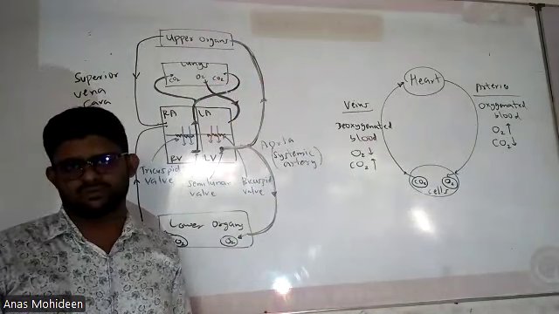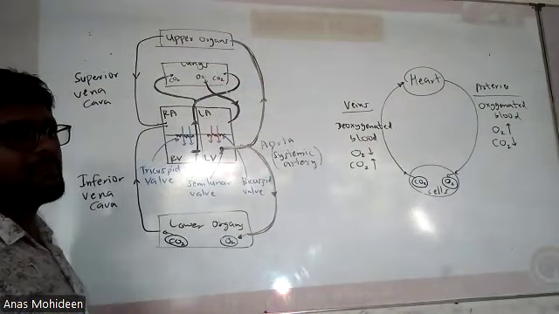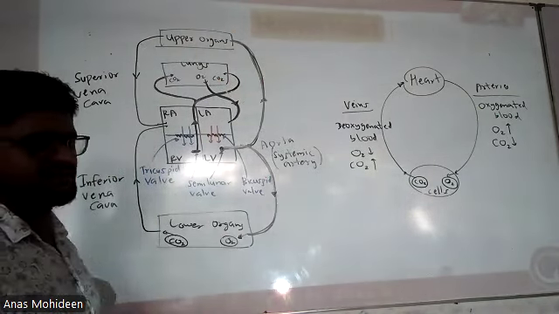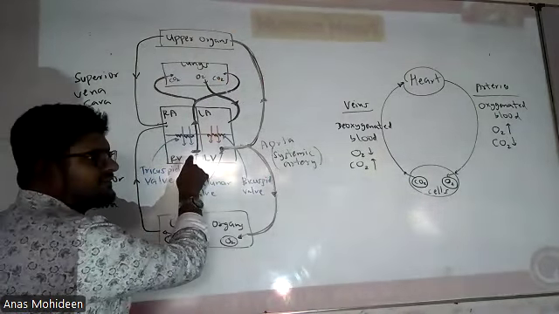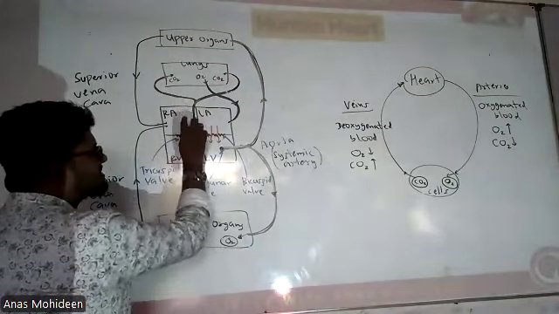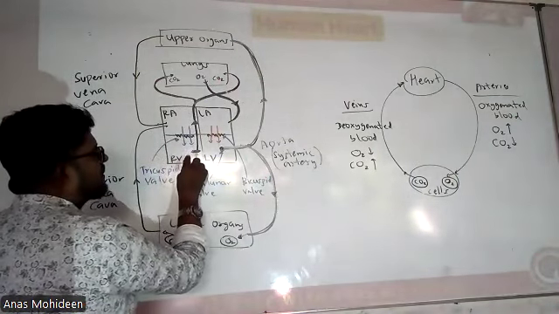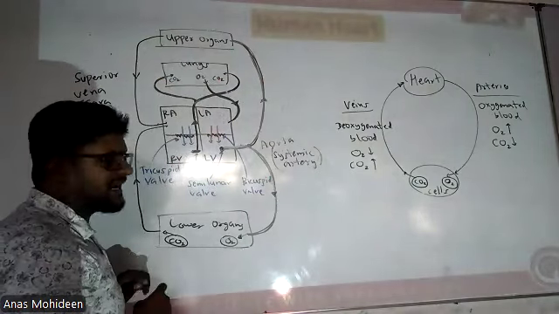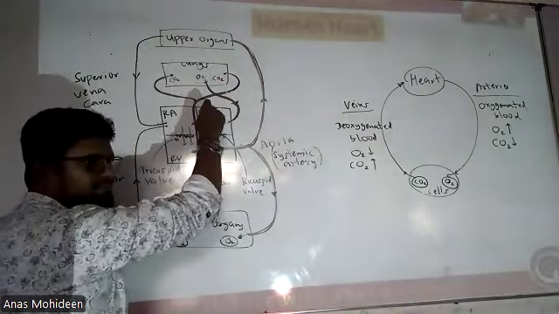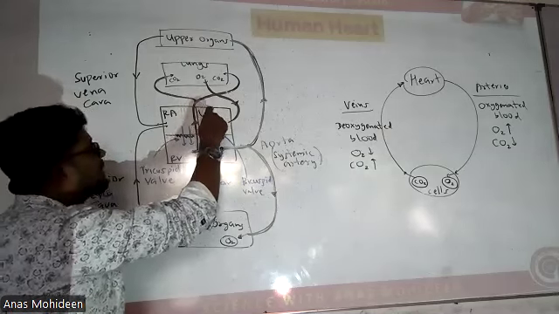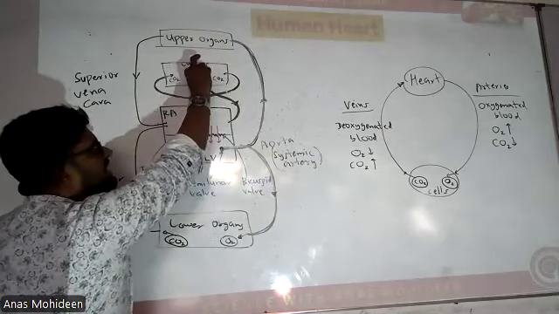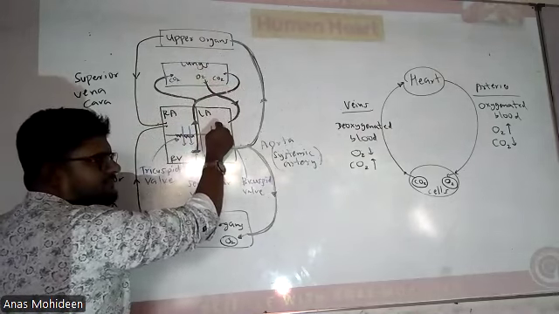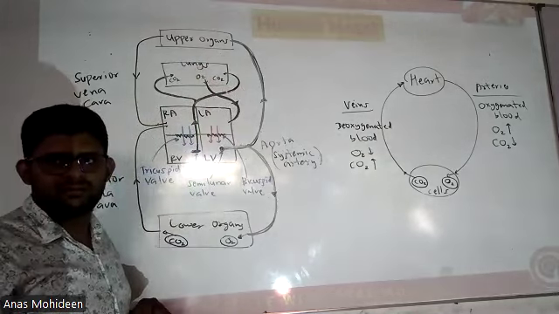So now the blood exchange between the heart and lungs. The right ventricle pumps the blood towards the lungs. That is carried out by the pulmonary artery. So that the blood is purified, and oxygenated blood is taken from the lung to the left atrium by the pulmonary veins.